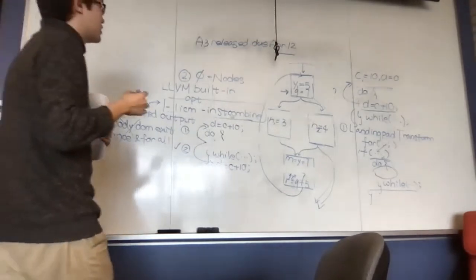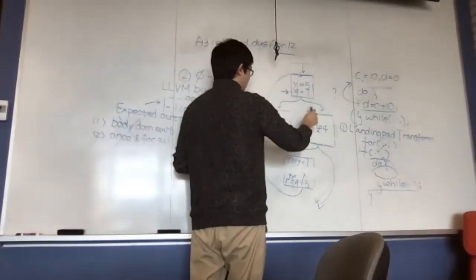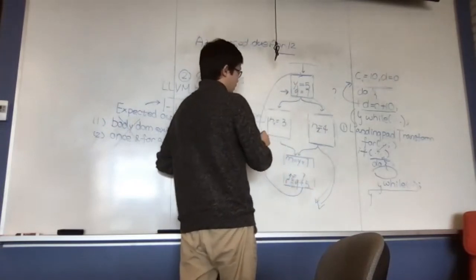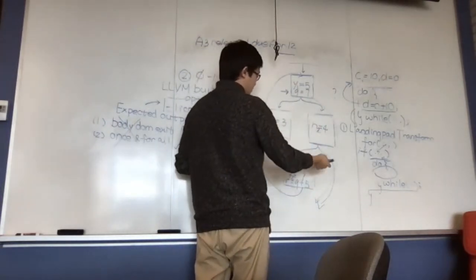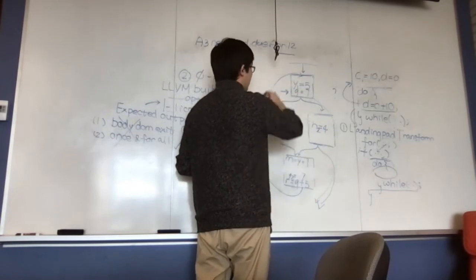Because it tries to sink instructions to the loop exit whenever possible. For the other instructions, because they cannot be sunk to the loop exit, they are moved to the pre-header.